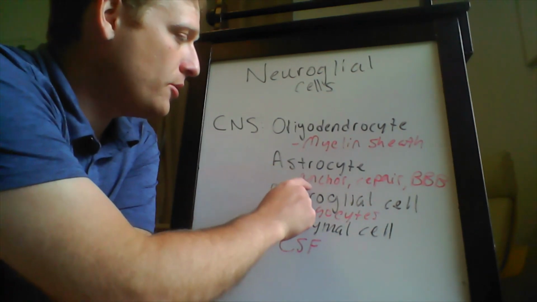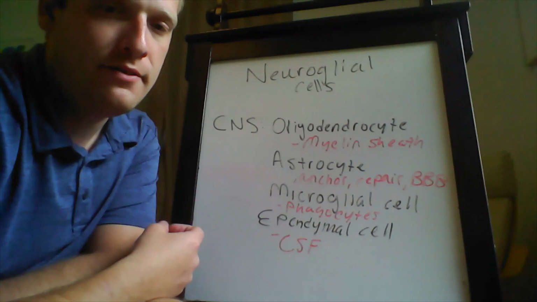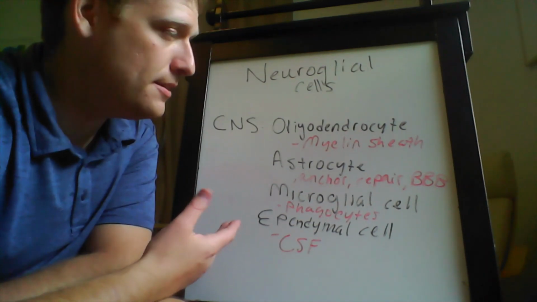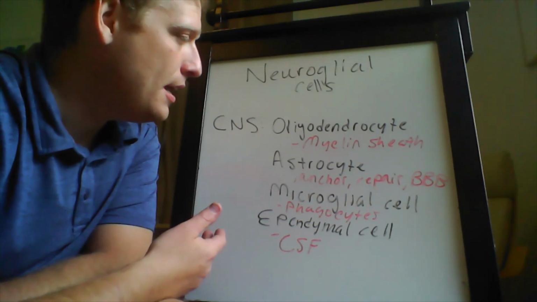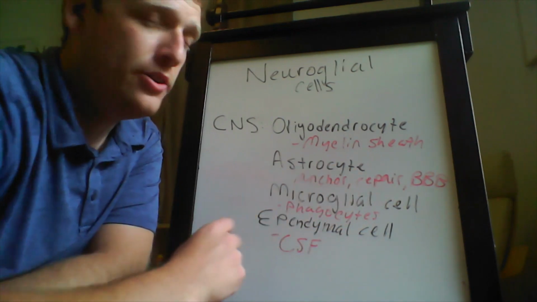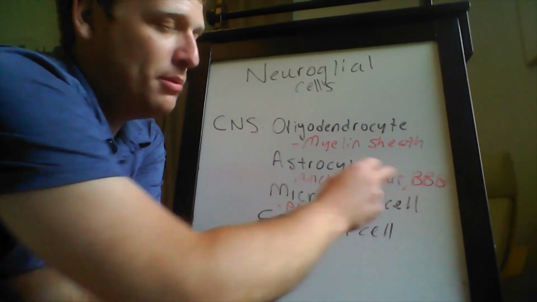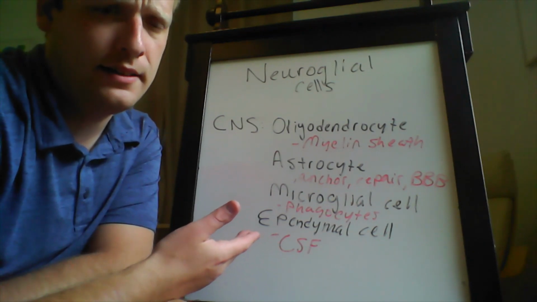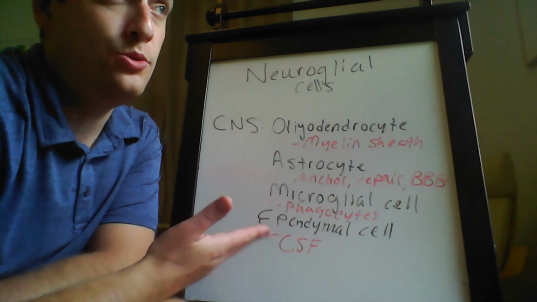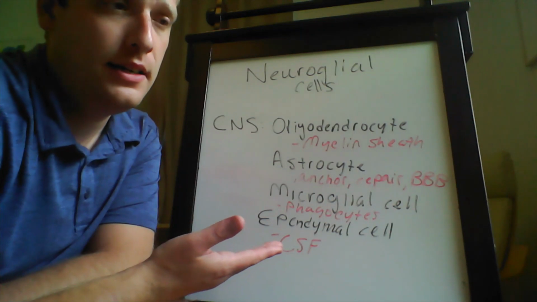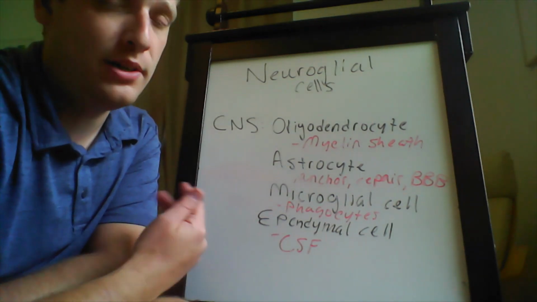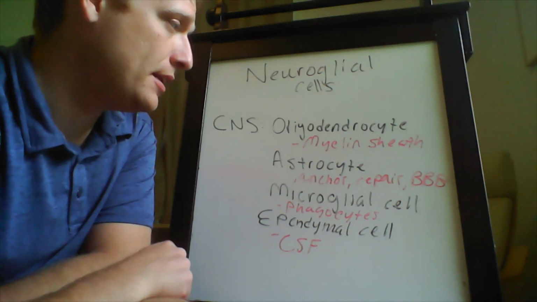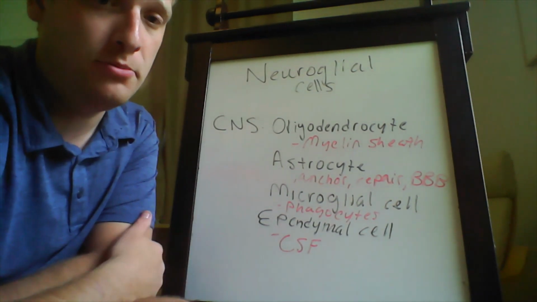They also anchor blood vessels and neurons in place. They kind of act as the glue. And they also repair neurons and form the blood-brain barrier. The blood-brain barrier, again, is a way to control the chemical environment inside the brain, to keep what's in the blood separate from what's in the brain. And so astrocytes help to do that as well.